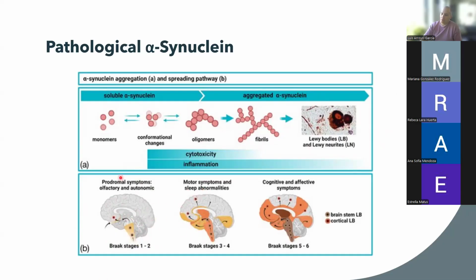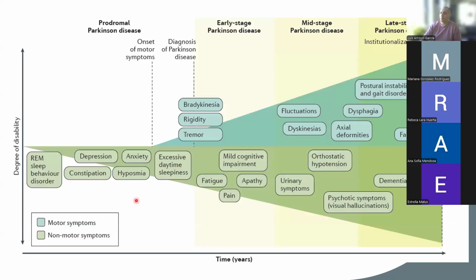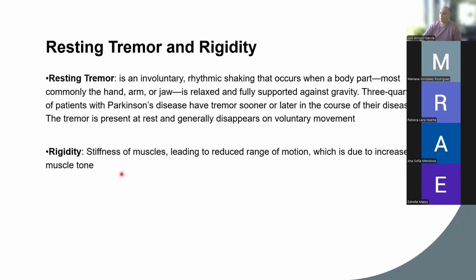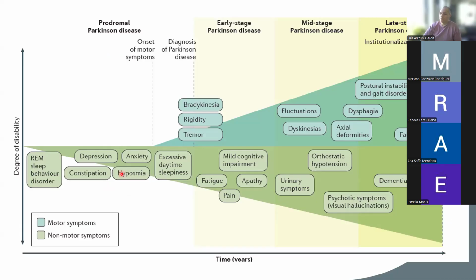For example, in Braak stages 1 and 2, we have olfactory and autonomic symptoms. So if we go back to here, hyposmia, for example, is one of the symptoms, anosmia as well. And then depression, constipation, yeah.